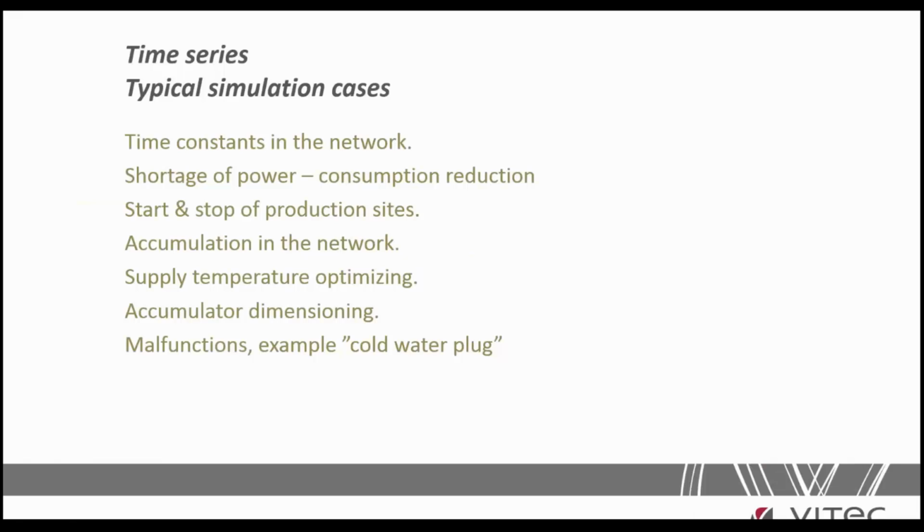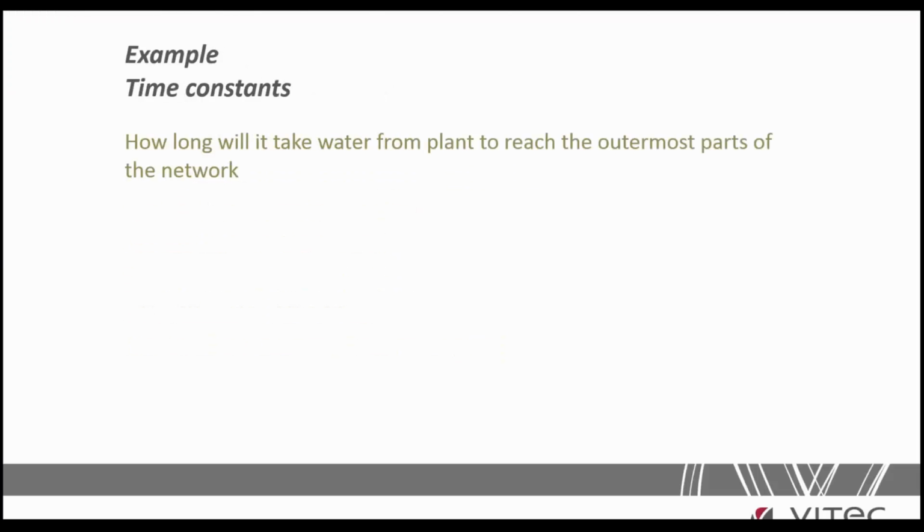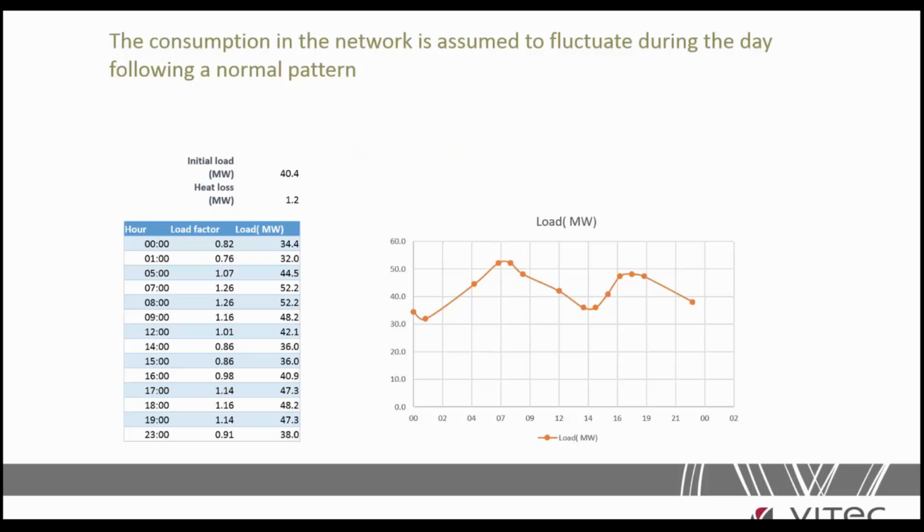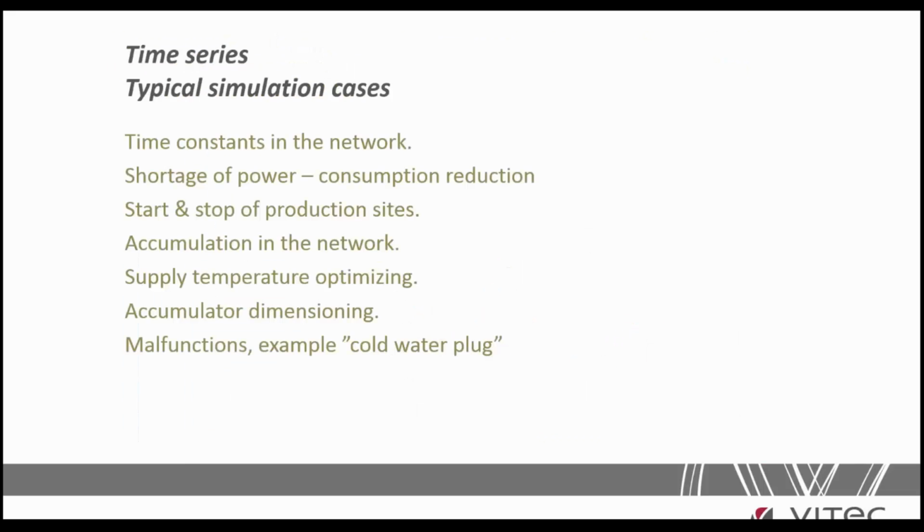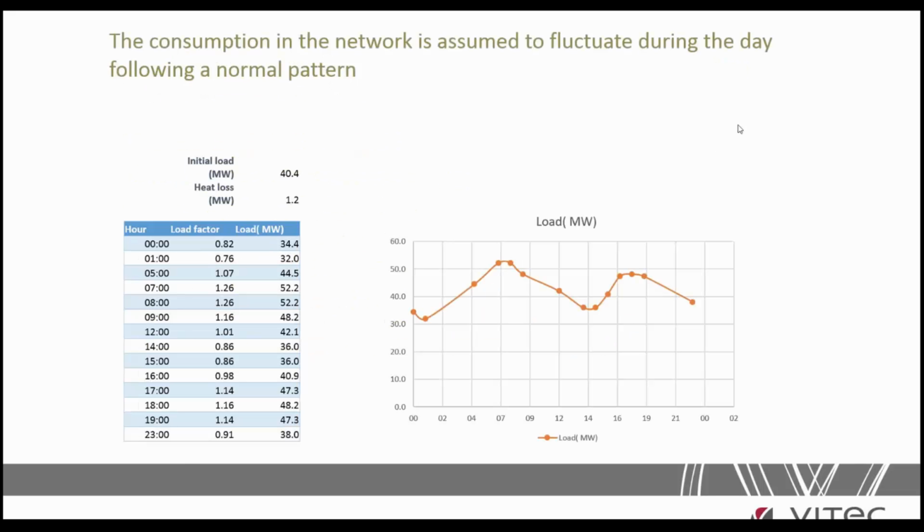Malfunctions, if you're losing temperature in a plant, what will happen? What way will the water travel in the network? That's that kind of simulation. So in this example, we will make this test. We are starting with an initial load of something like 40 megawatts in the network, and we have losses of about 1 megawatt.